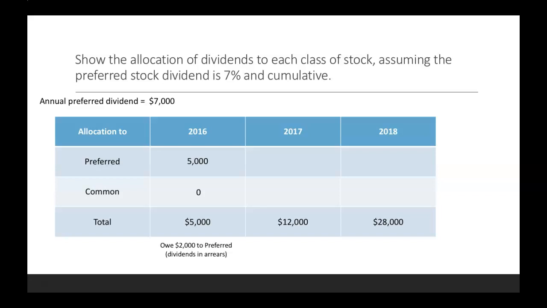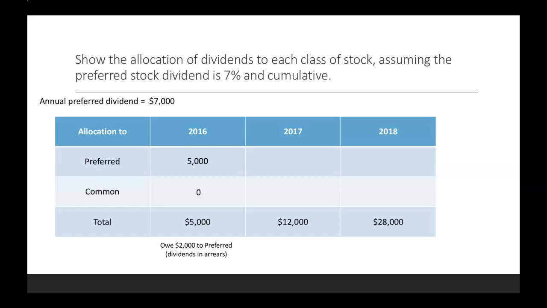Since our preferred stock dividend is cumulative, we also owe our preferred shareholders that extra $2,000 that they didn't get in 2016. If our stock dividend was non-cumulative, they would just totally miss out on that $2,000.